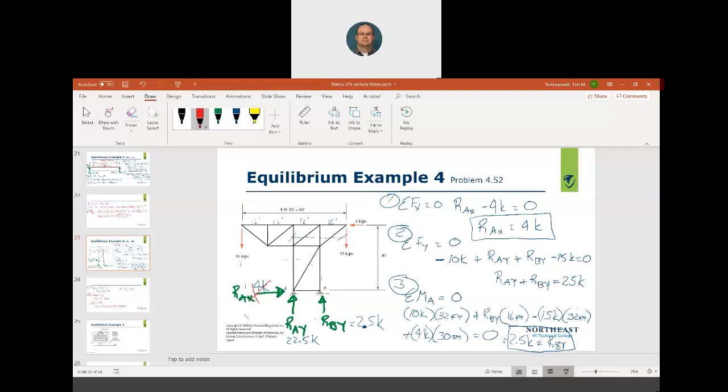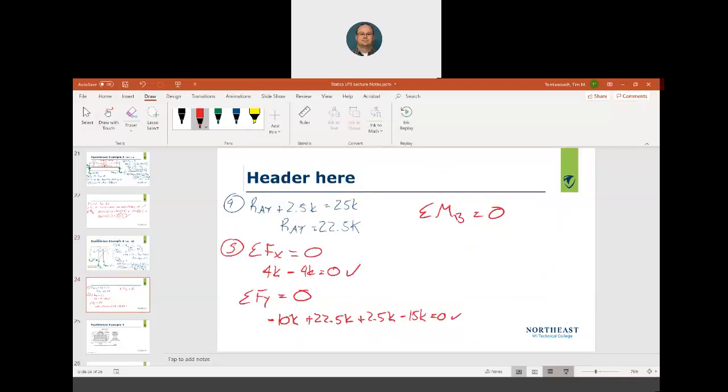Because my perpendicular distance, so 32 plus 16 is 48. So again, it's going counterclockwise, so it's positive. So 10 kips times 48 feet.